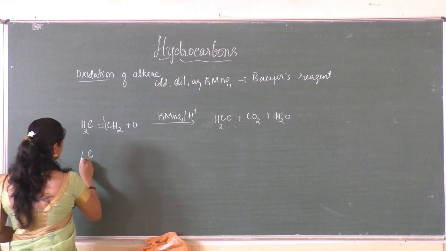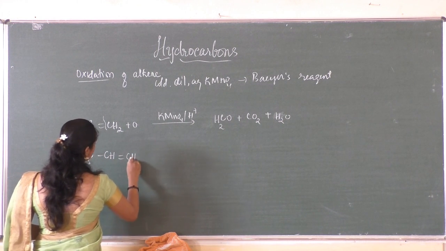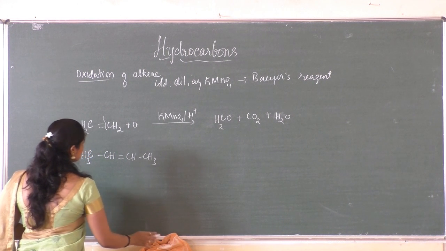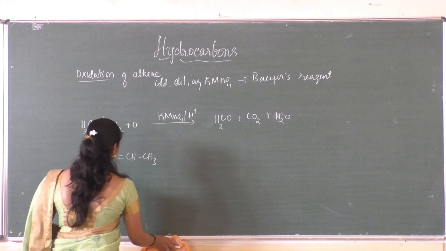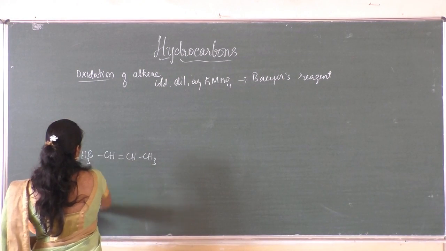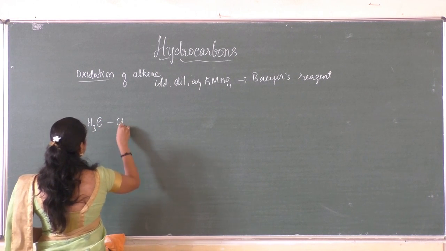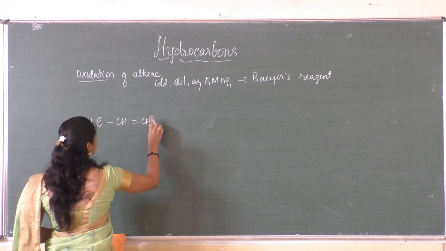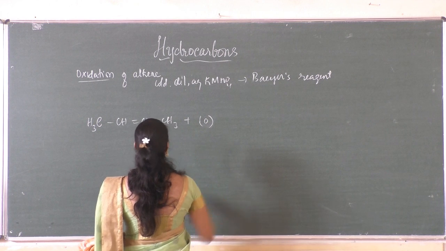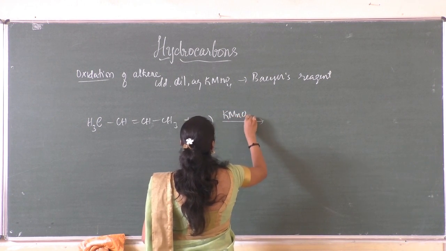When you take 2-butene, CH3CH=CHCH3, plus oxygen, in the presence of KMnO4 in acidic medium.